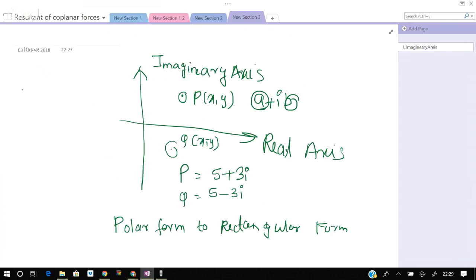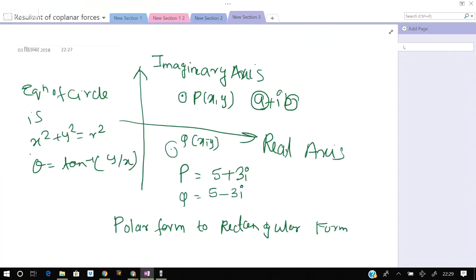We know the equation of a circle is x square plus y square is equal to r square, and theta is equal to tan inverse of y by x. So similar to that, over here also, we are in rectangular form. From rectangular form, we are going to polar form. So that means to come to this point all over again, from the origin, you will take a definite amount of radius, that is small r.